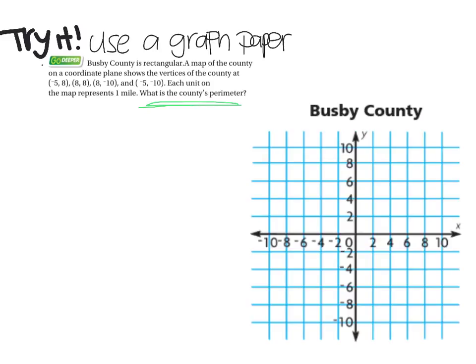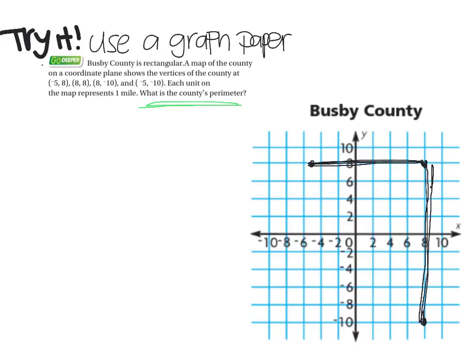So let's go ahead and mark the map first. (-5, 8) would be right here. (8, 8) would be right here. So I know already that I'm going to have to mark the distance between these two. (8, -10) would be right here.